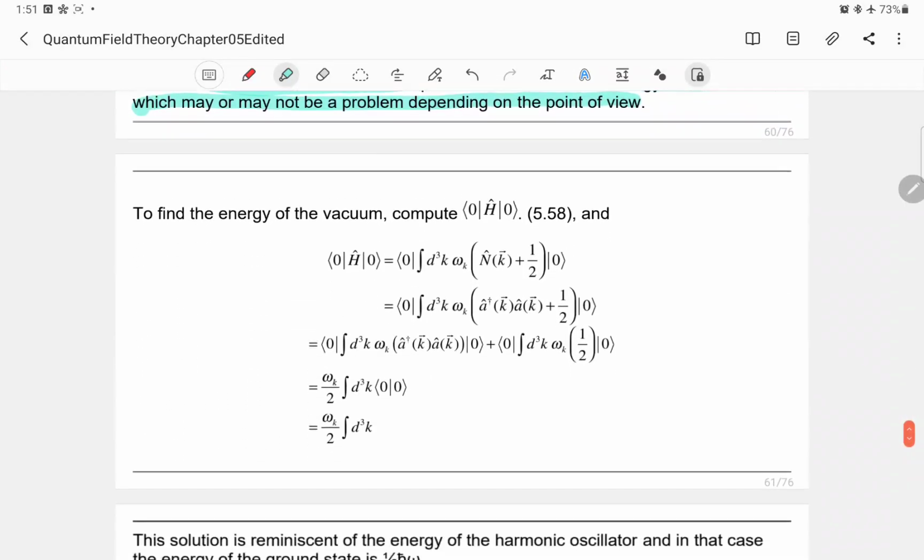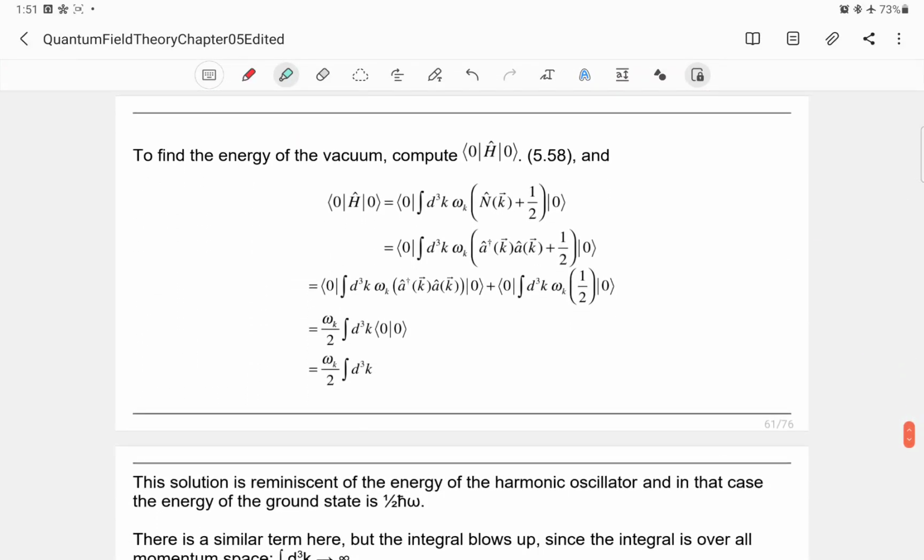So to find the energy of the vacuum, we compute by applying the Hamiltonian operator in between the two vacuum states. And note that you have to substitute H with the expression: integral with respect to momentum, k, omega k times n_k plus 1/2.